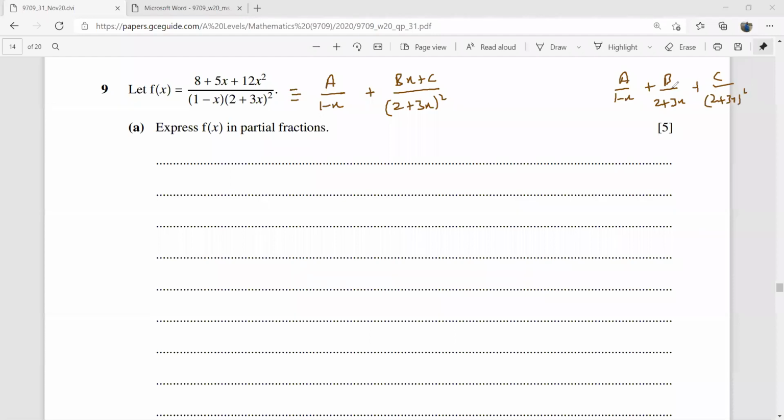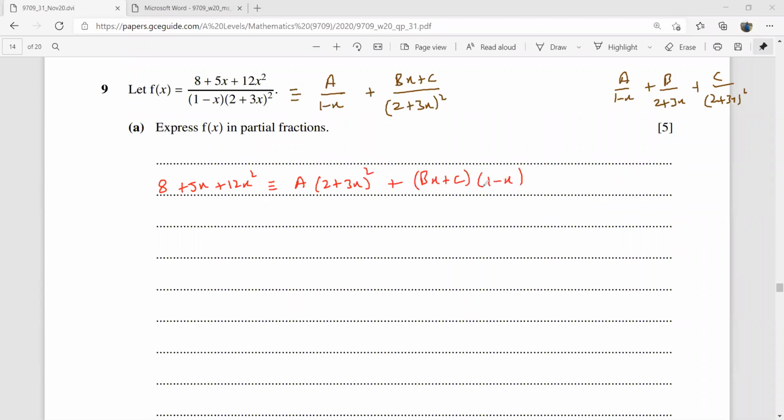But I will not be doing this, because I want to write the minimum number of fractions, as I have to go for the binomial expansion. Now, this numerator becomes 8 plus 5x plus 12x squared, which is equivalent to a into (2 plus 3x) whole squared, plus (bx plus c) times (1 minus x).